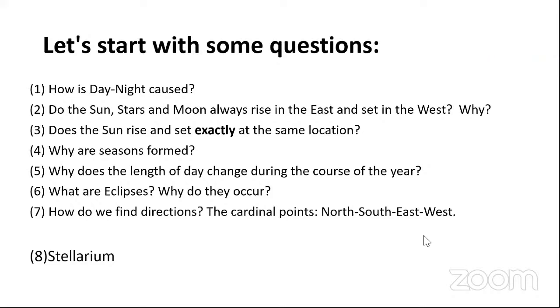Farthest. Closest. Does somebody believe we are further from the sun in January? If there is somebody, say yes. Yes. We are furthest from the sun in January.